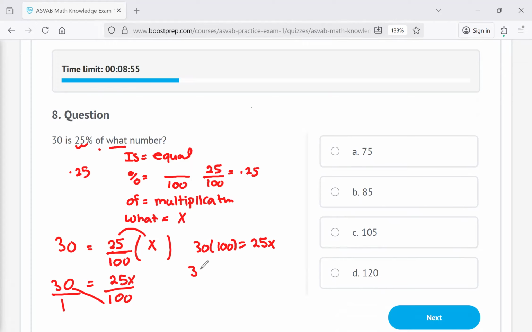Simple. You just add three zeros. 3,000 equals 25X. Divide this by 25. Divide this by 25. What's 3,000 divided by 25? 120. Okay. So your answer is D.